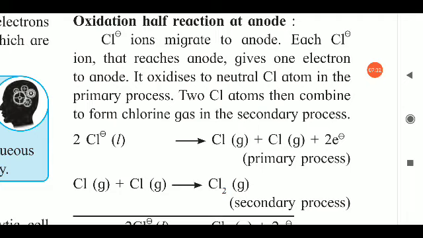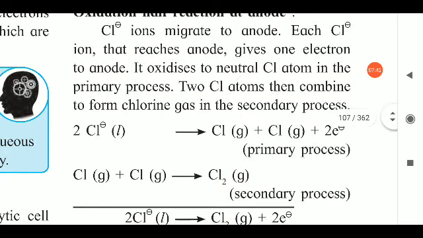Now at that time what happens, it oxidizes to neutral Cl atom in the primary process, that we already know. Now students, look at this first reaction. In the first process, 2 Cl minus ions, means we can say that one of the chlorine is carrying one negative charge, that is Cl minus.